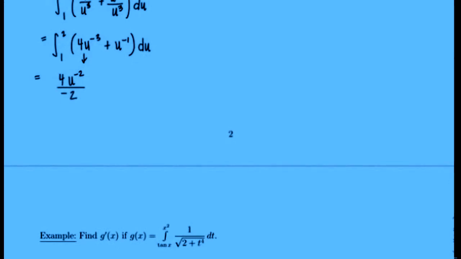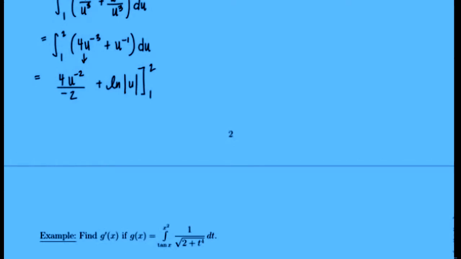And what is the antiderivative of u to the negative first? You can't add 1 and divide by the new exponent. What is it? Do you remember? It is the natural log of the absolute value of u. Looks good. And then I evaluate all of this from 1 to 2.